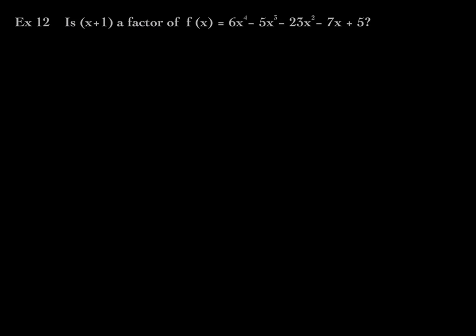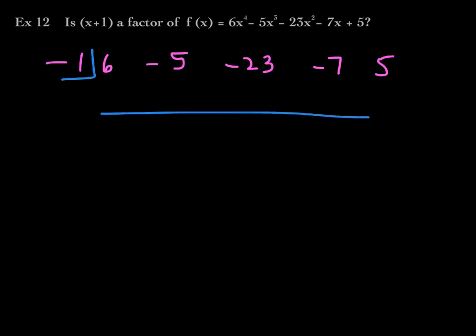All right, I always check to make sure I'm not missing any terms here. So degree 4, degree 3, degree 2, degree 1, degree 0. So we are good. My coefficients are 6, negative 5, negative 23, negative 7, positive 5. And the number out here is negative 1. All right, so we're going to check out that remainder. Let's drop down 6. Negative 1 times 6 is negative 6.